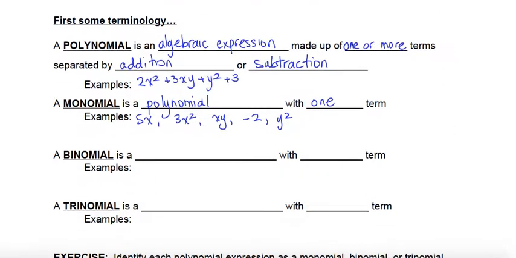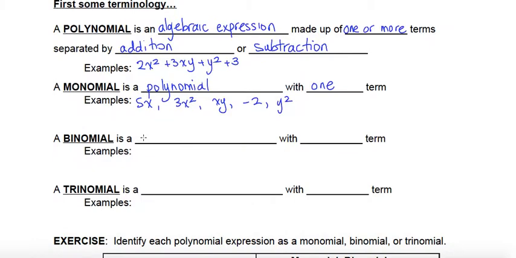So what is a binomial? Well, a binomial is, again, another polynomial, but this time, like the prefix bi triggers you, like bicycle, it has two terms. An example of a binomial could be 2y squared plus 3. Another one might be -3 plus 4x.